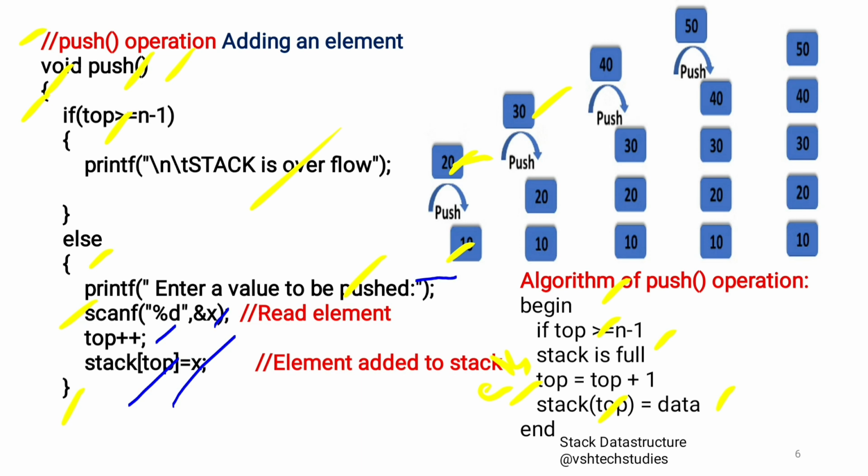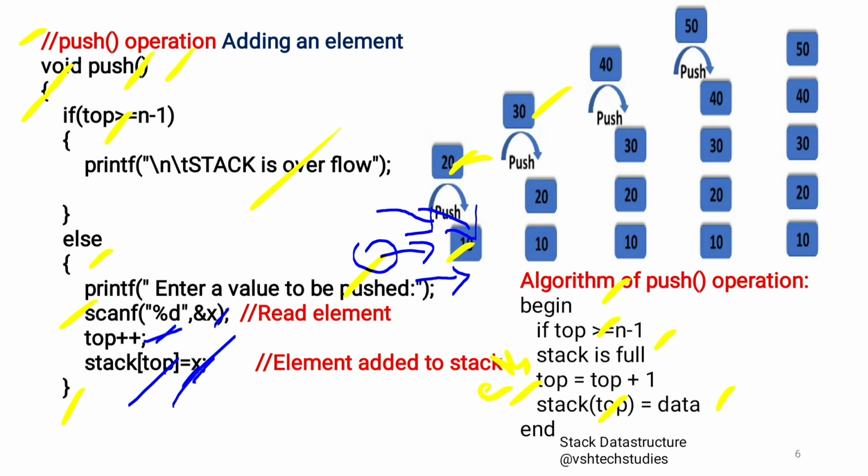Top would be minus 1 first. When one value, say 10, is given, that is read in the X variable. Top is incremented by 1, so it is made 0. In stack of 0, in that memory location, 10 is assigned, which means it is copied.